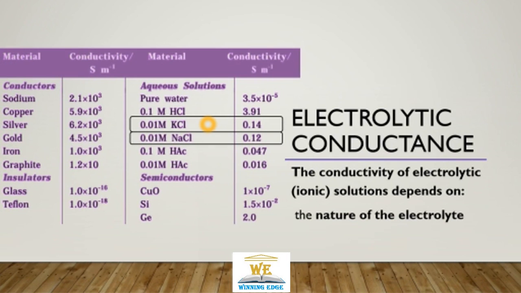Potassium chloride is still a slightly better conductor than sodium chloride. The reason is that the sodium cation is smaller in size, so it gets a secondary shell of water molecules around it. Because of its high polarizing capacity, it makes a hydrated shell.